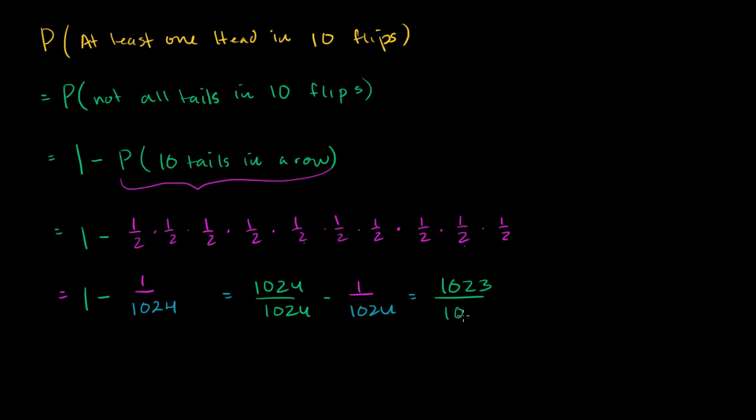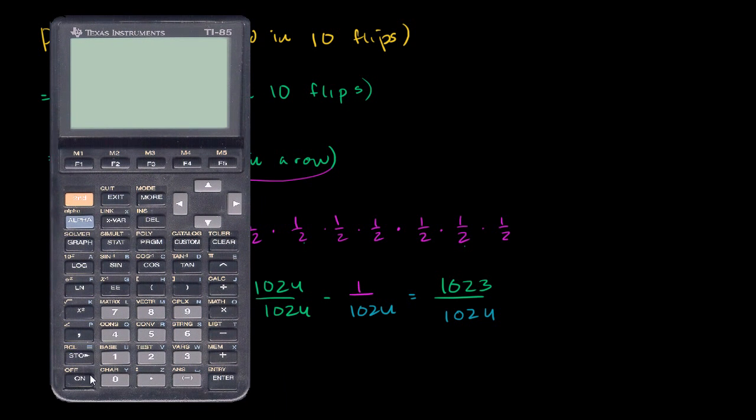So if you flip a coin 10 times in a row, a fair coin, your probability of getting at least one heads in those 10 flips is pretty high. It's 1023 over 1024. And you can get a calculator out to figure that out in terms of a percentage. Actually, let me just do that just for fun.